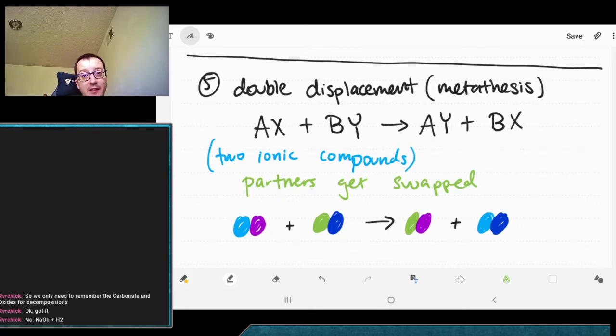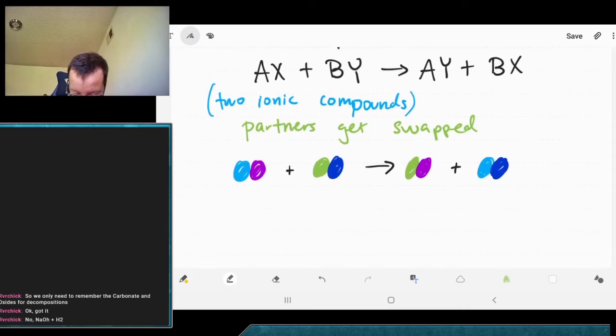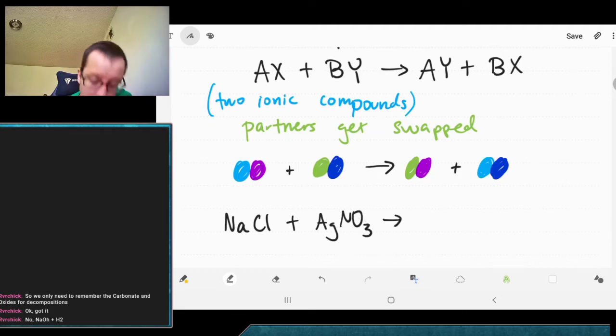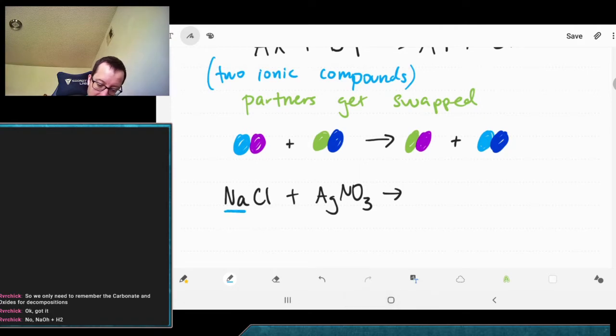Alright, so how this might look in a reaction is you'll see that you have two ionic compounds being put together. That's how you're going to identify this as a double displacement reaction. And what you're going to do is you're going to swap the partners. So we look here, we see, okay, sodium was with chlorine.